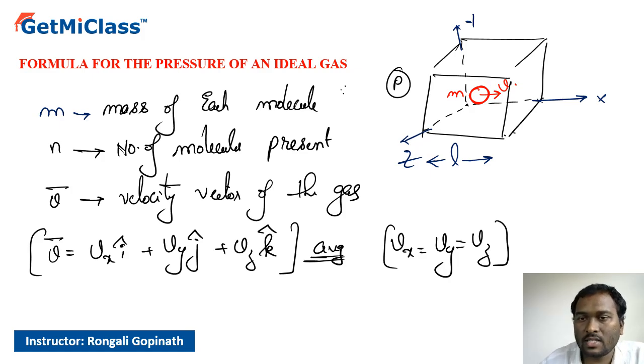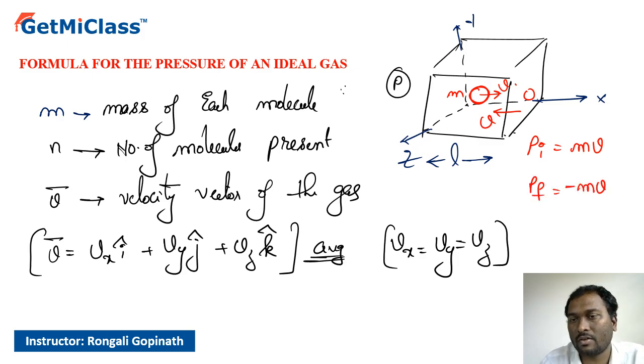So what is its initial momentum? Initial momentum is mv. After collision, it will come back with the same velocity v. So final momentum is again mv but with a negative sign. Why? The direction of velocity had changed, isn't it? So what is the total change in momentum? It is 2 into m into v.